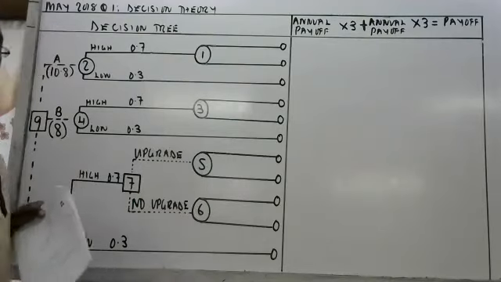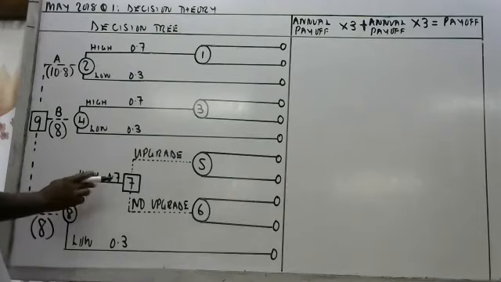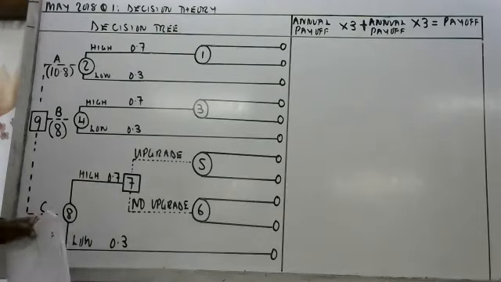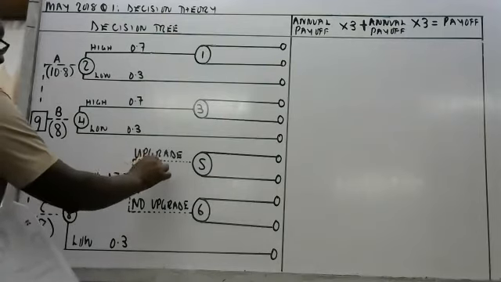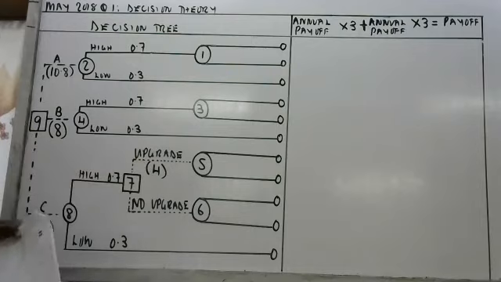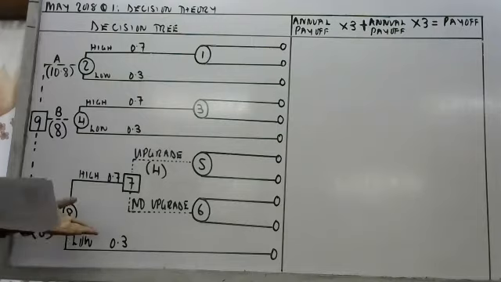We choose to upgrade or not to upgrade if demand has been high. If you choose to upgrade, the cost will be 4 million. Obviously, no upgrade, no cost is subtracted.